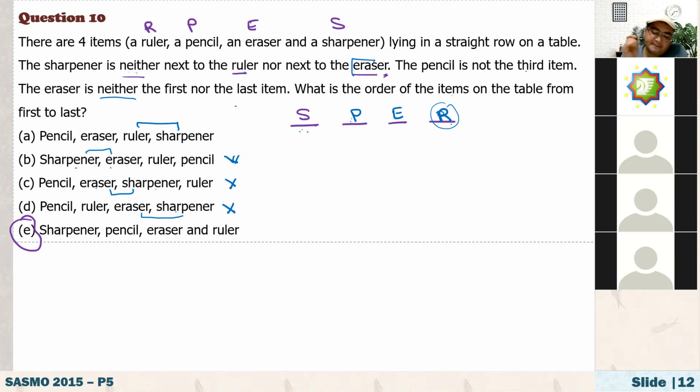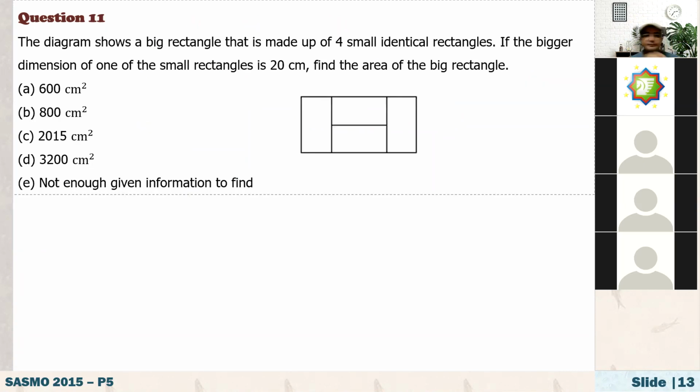Nargis, did you understand? Yes. Okay. Guys, you have 1.5 minutes. Try this and tell me the answer. Write your answer to the chat box. And we did a lot of geometry questions.